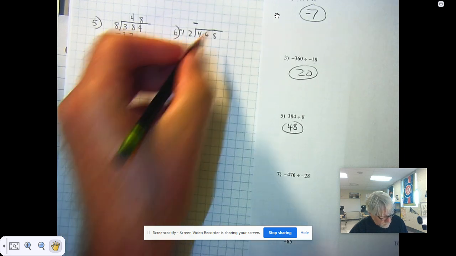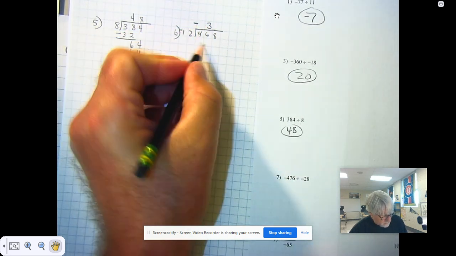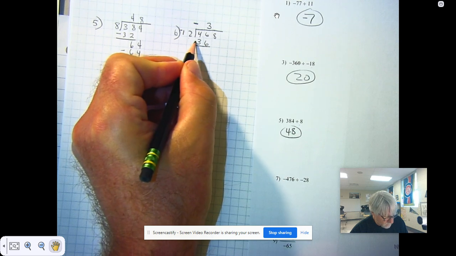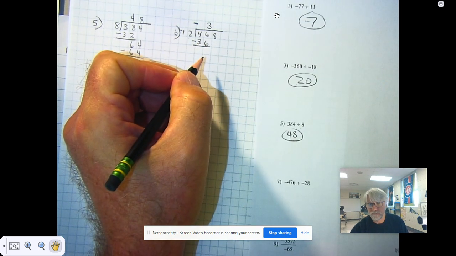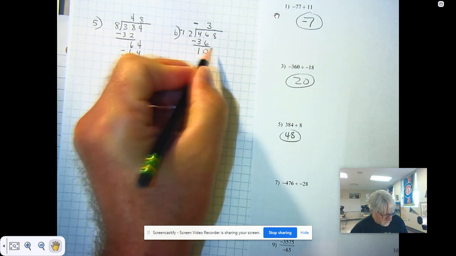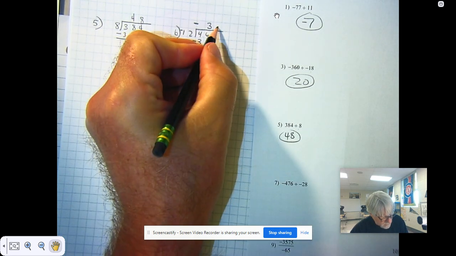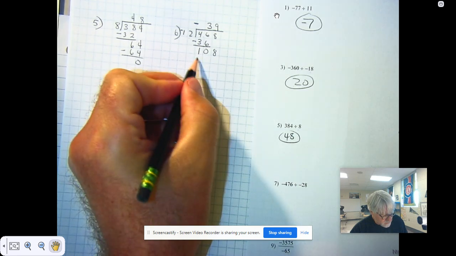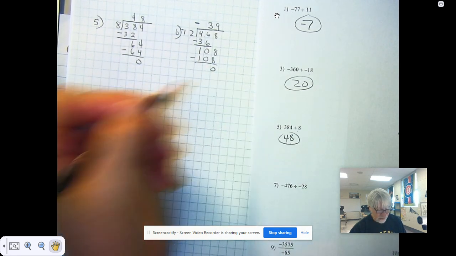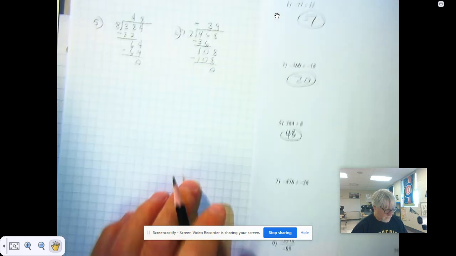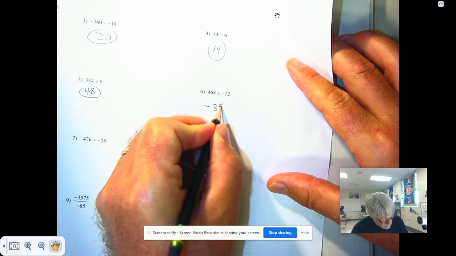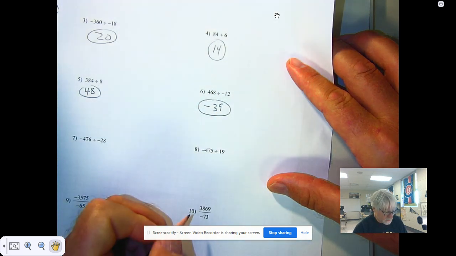Underneath the 12, 3 rows under, I find 36. That's the biggest number that's less than 46. I can't take 12 from 4. Subtracting, I get 10, bring down the 8, and I know 9 times 12 is 108. Subtract again, I get nothing remaining. So negative 39 is my quotient for number 6.